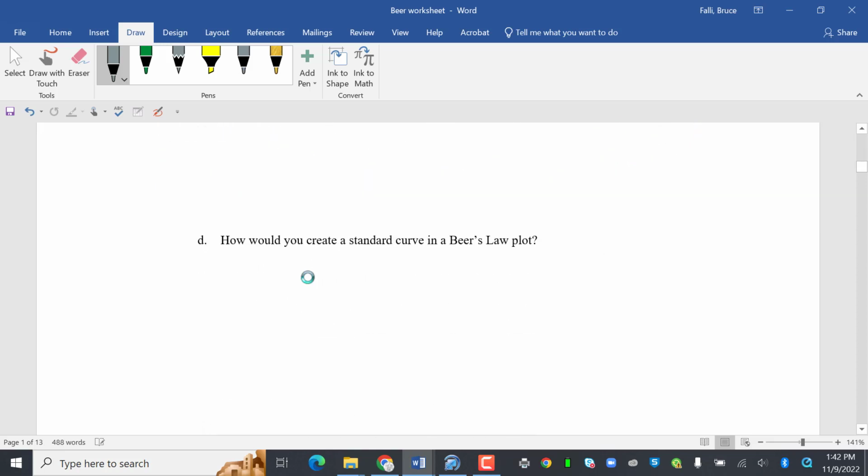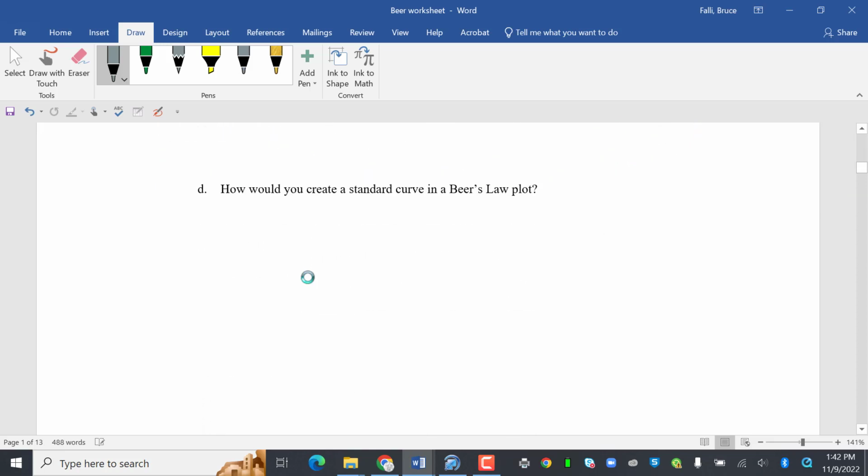How would you create a standard curve in a Beer's Law plot? I would vary molarities, so I would do like 0.1, 0.2, 0.3, 0.4.